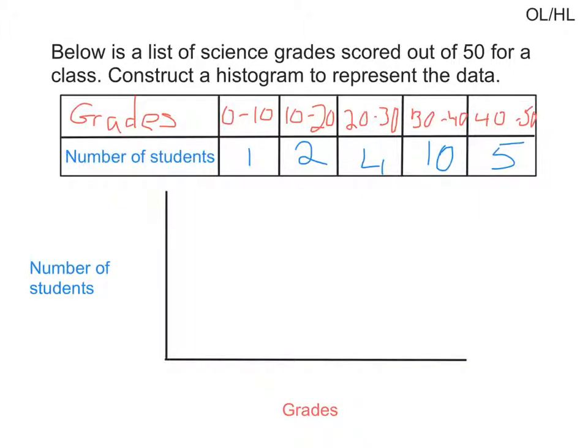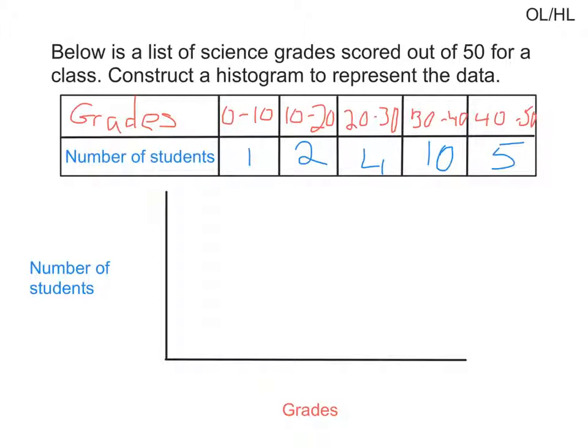Now, moving on to construct our histogram from the frequency table. I have labelled the x-axis with our interval label of grades, and I have labelled the y-axis with our label of frequency, number of students. The next step is to divide the x-axis into equal sections representing the intervals.